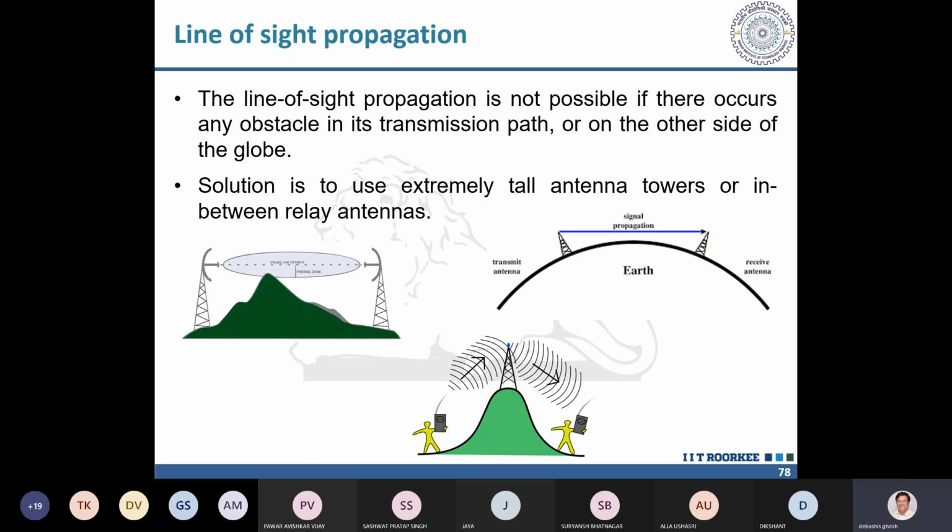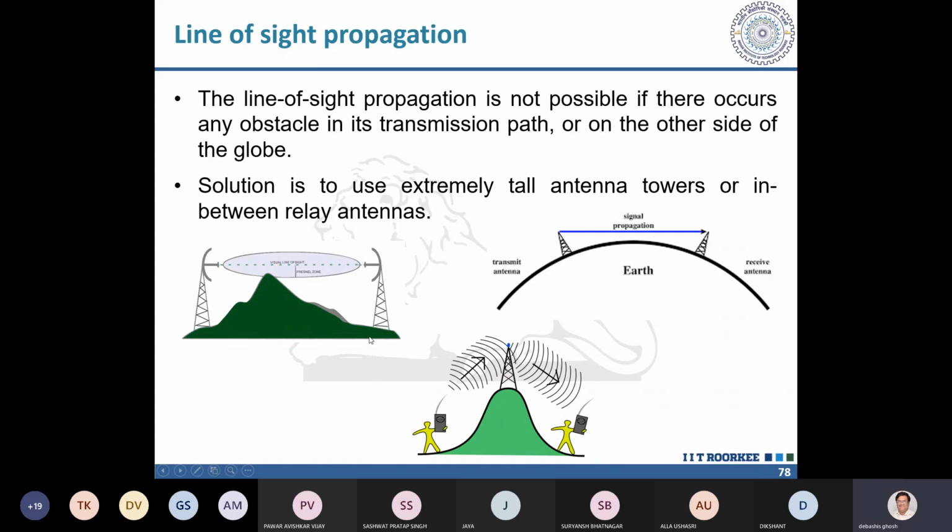So this is Roorkee, this is Pauri, and in between I have a mountain. Since the hill is obstructing, it is not within the line of sight.